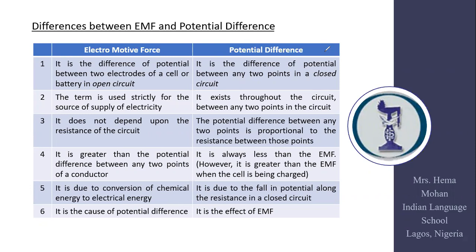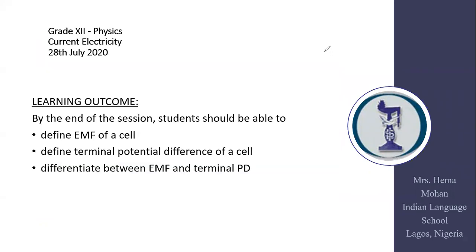Is that clear, children? So I'm going to close this session with this, and I will see you again for the last objective, that is going to be grouping of cells. These should have been the outcomes till now. After listening to this short session, you should be in a position to define what is EMF.